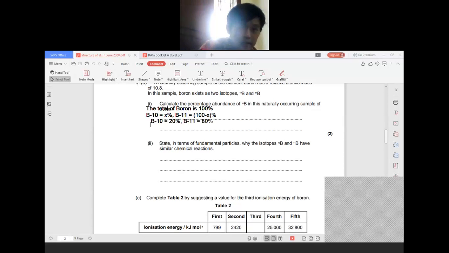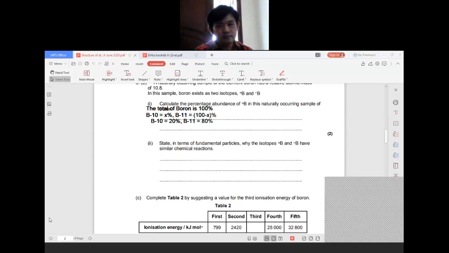Okay, and then state in terms of fundamental particles why isotopes boron 10 and boron 11 have similar chemical reactions. Boron 10 and boron 11, they have similar reaction. Let me ask Nia.